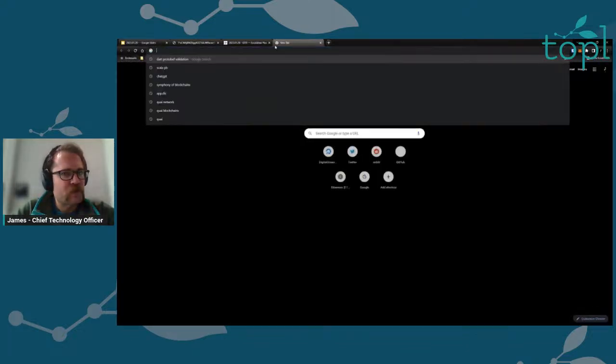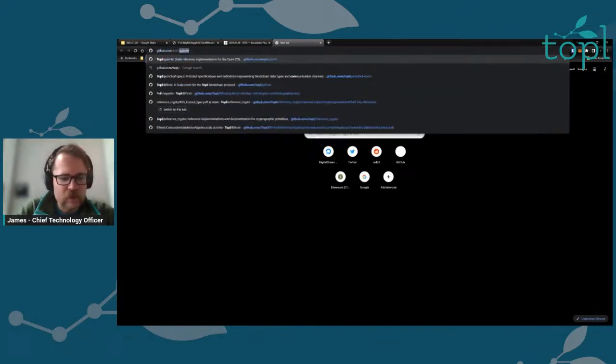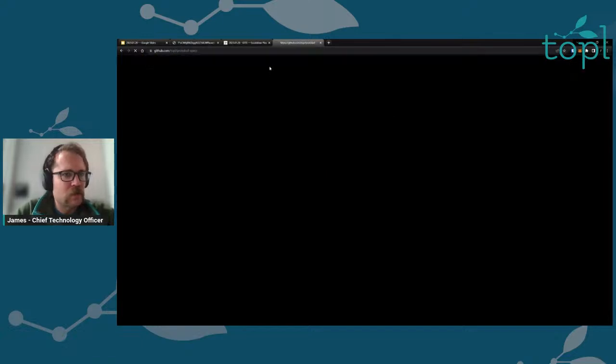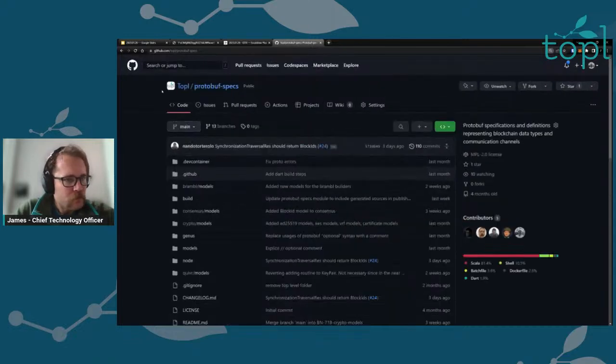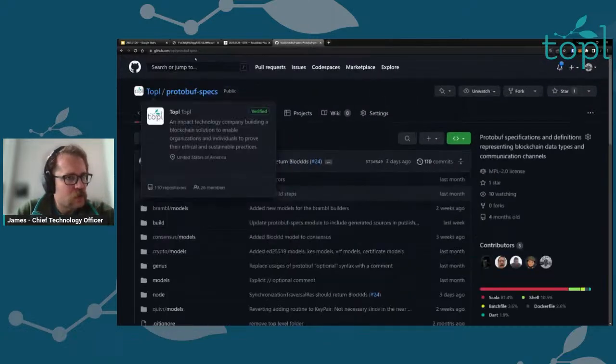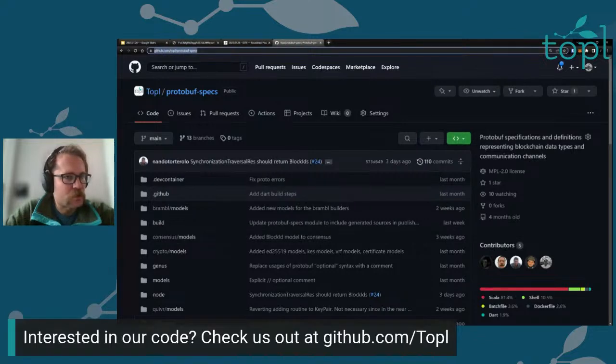Just for reference, a lot of the models and things that I'm going to be going over today are available in our GitHub, specifically under github.com/Topl/protobuf specs. We do use protocol buffers, which, if you're not familiar with that, don't worry.